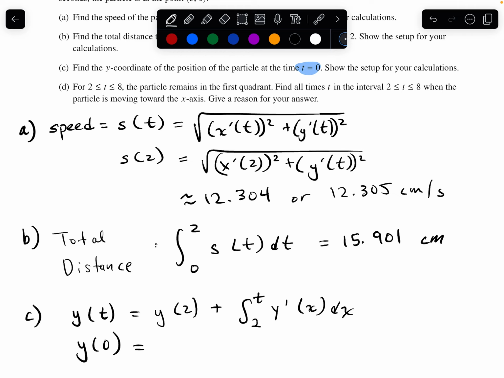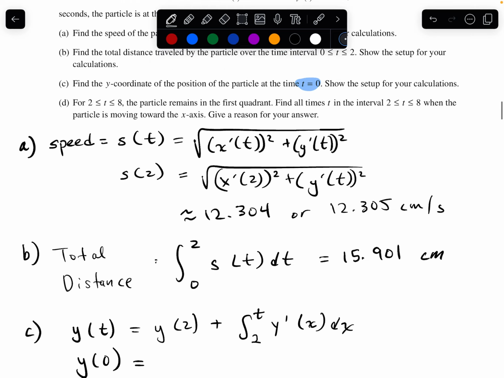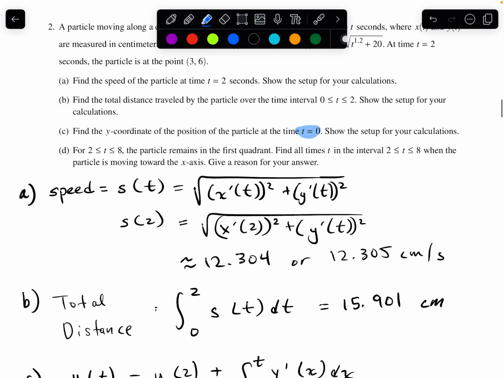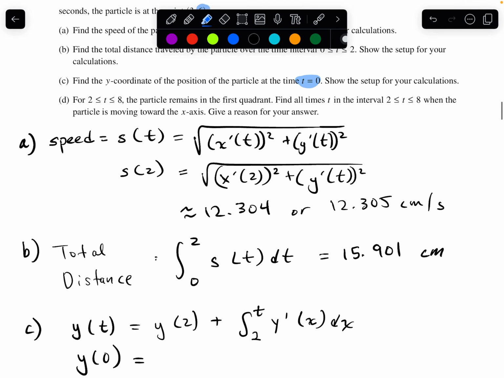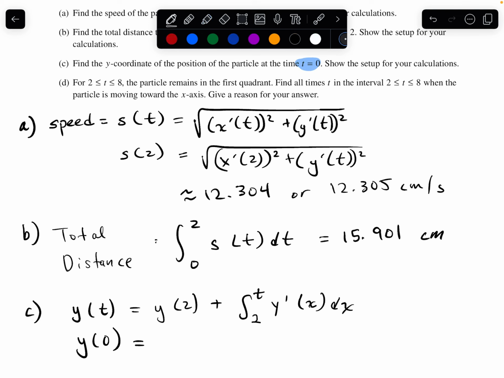So for y of 2, if I go back, our y position was 6 at t equals 2. So we're going to put that in here for y of 2. Then our integral is going to be from 2 to 0, and you're not reading that wrong. We're actually integrating right to left. Since this is the calculator portion, you don't have to worry about switching around that integrand and making it negative. We can just set that up as is.